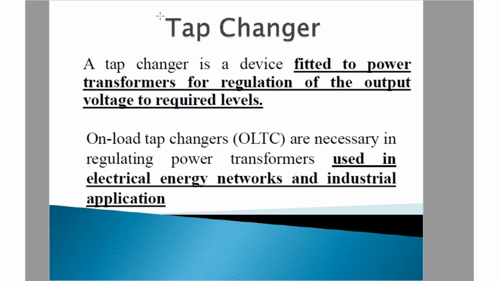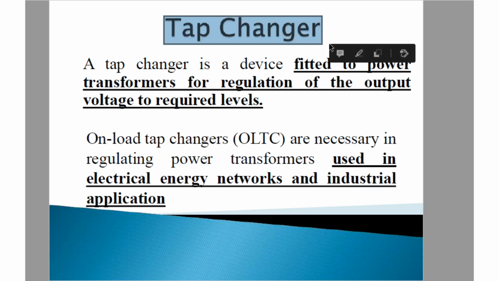Before the OLTC, we are interested in the term tap changer. From the name itself, it defines a tap used for changing purposes, and it is associated with the transformer.